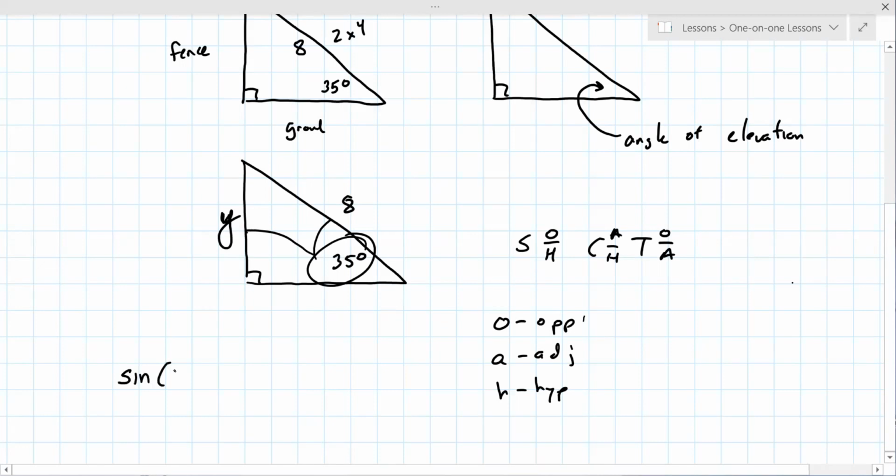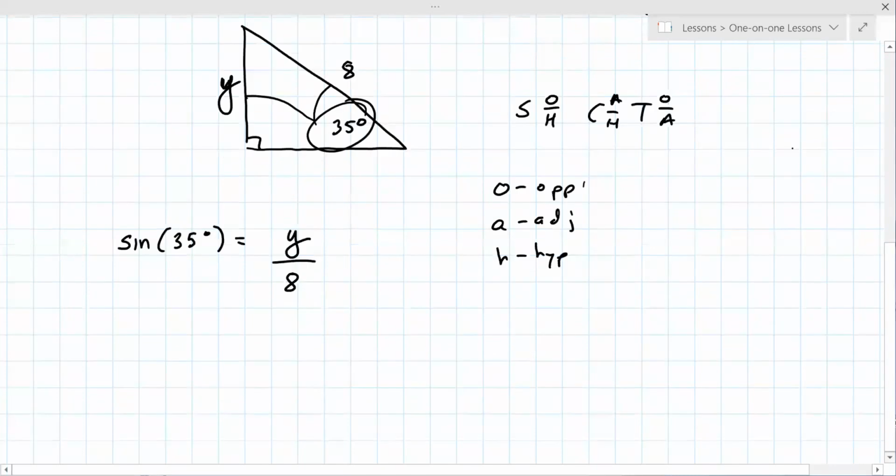So the sine of 35 degrees equals the opposite over the hypotenuse. Is it clear how I came up with that? Okay. So now you have to solve for y, by multiplying both sides by 8.